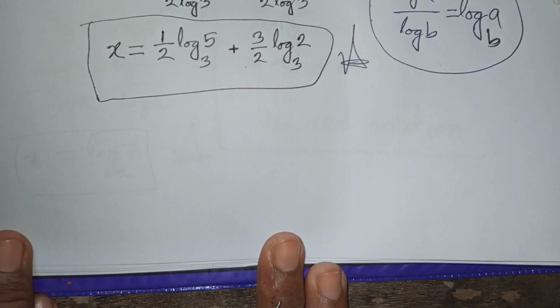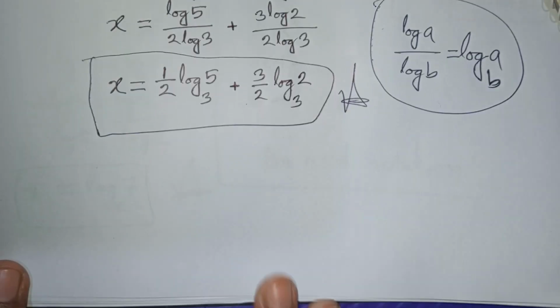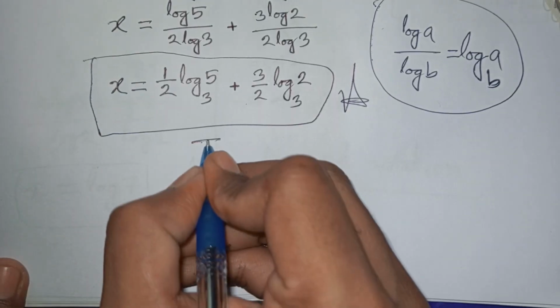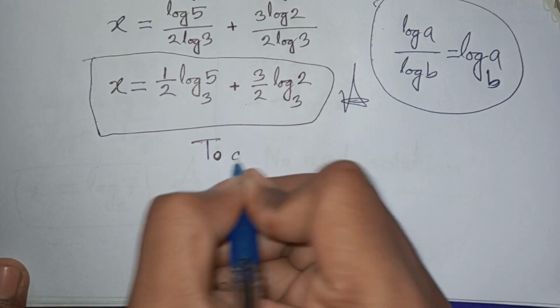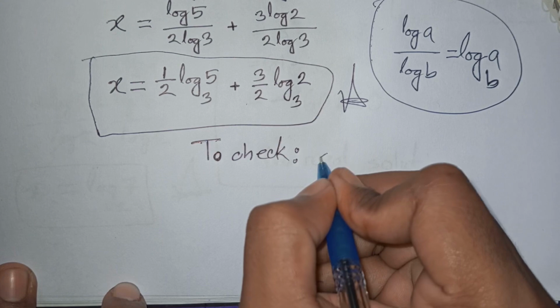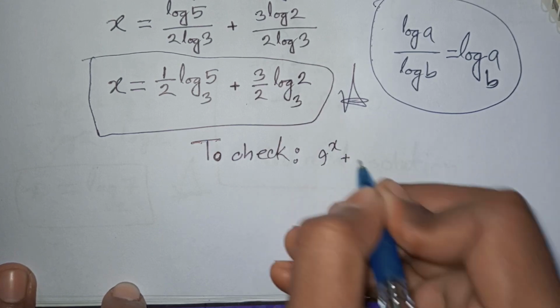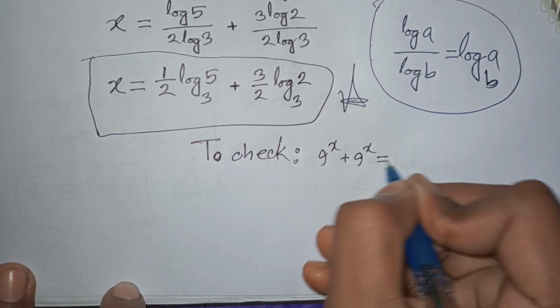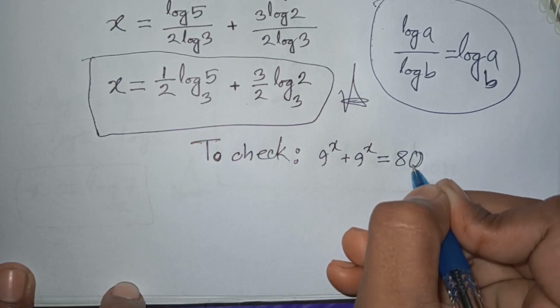Now to check our equation, 9^x + 9^x = 80.